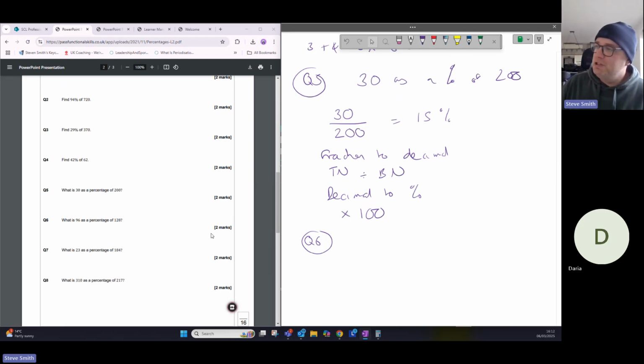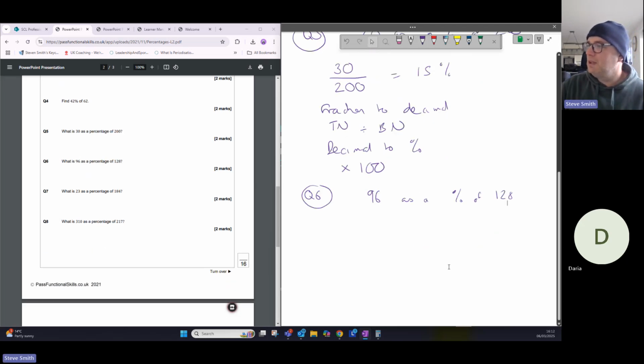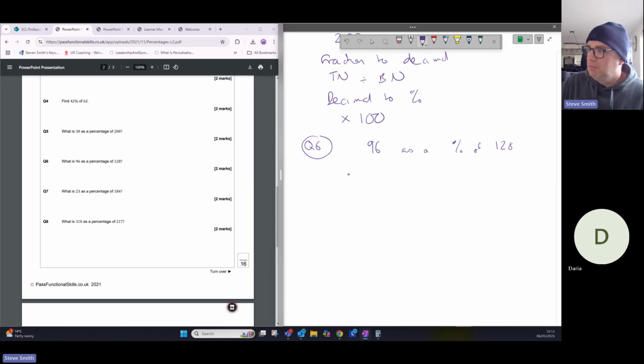So again, same sort of principle, and we'll just do 2 of these as well. 96 as a percentage of 128. So again, it's giving you the numbers, it's telling you what to do. It's saying, put it as a fraction. We want to know what 96 pieces of 128 is worth.